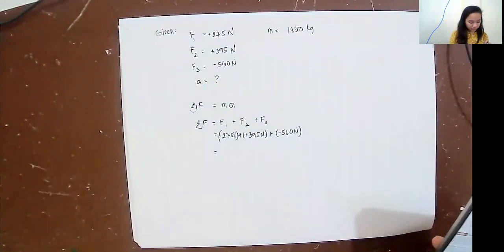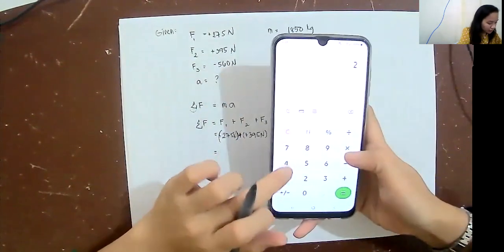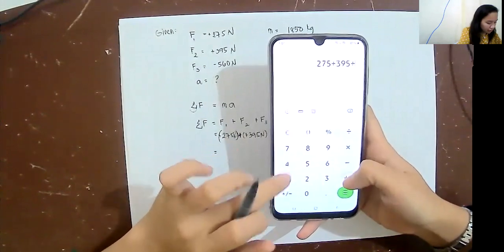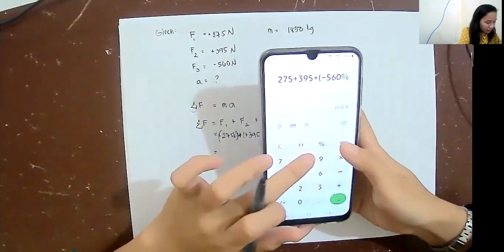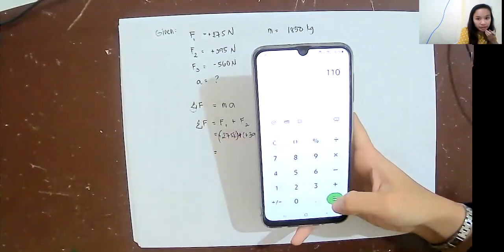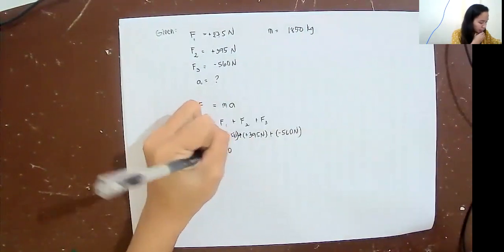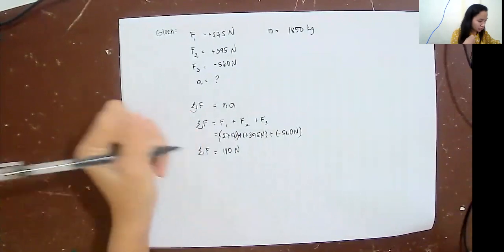So this is 275 plus 395 plus negative 560 newtons. Then you will get 110. The unit for force is newtons. So this is now your summation of all forces.